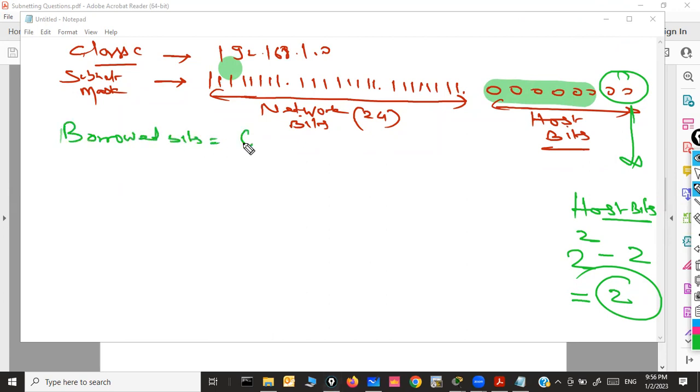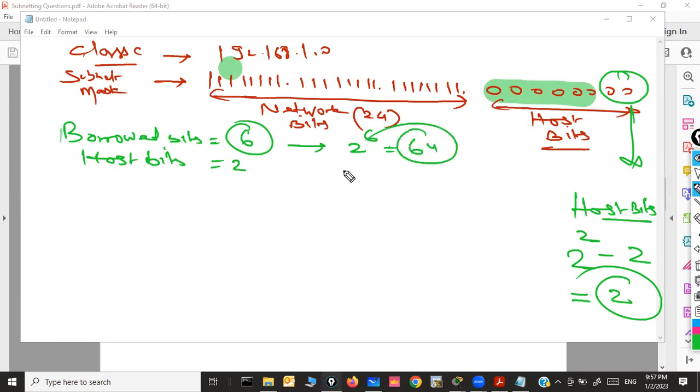So borrowed bits are 6 and host bits are now 2. And 6 borrowed bits means the total number of subnets will be 2 raised to the power 6, which I believe is 64. 64 what? Subnets. And how many hosts per subnet? For that we subtract 2.